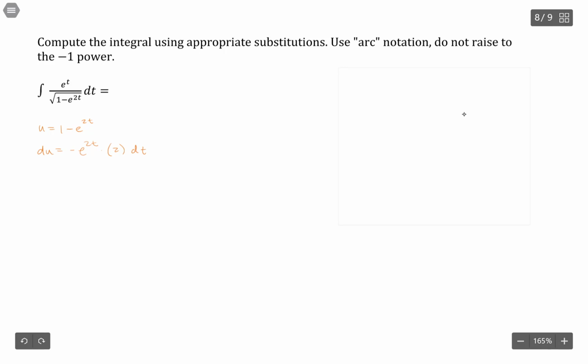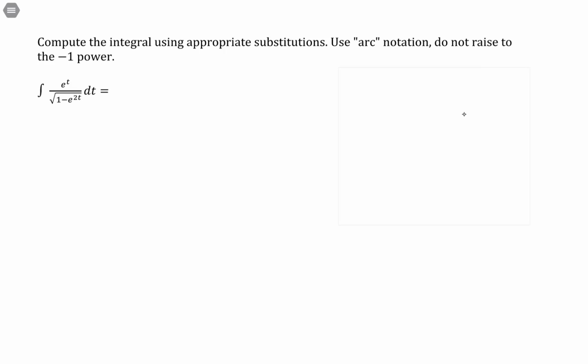So the problem here is I would still need an e to the 2t in the numerator, but I don't have e to the 2t, I just have e to the t. So u substitution is not going to work here. So we'll eliminate that possibility and try a different way.